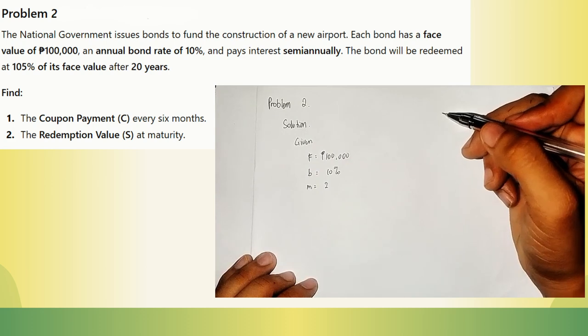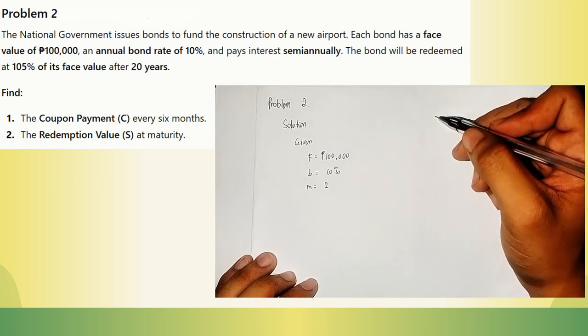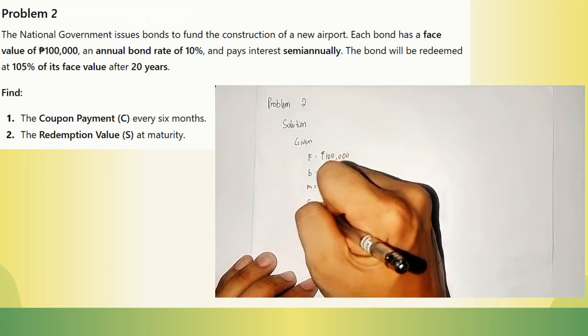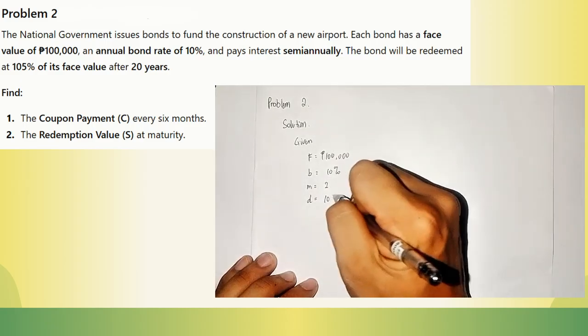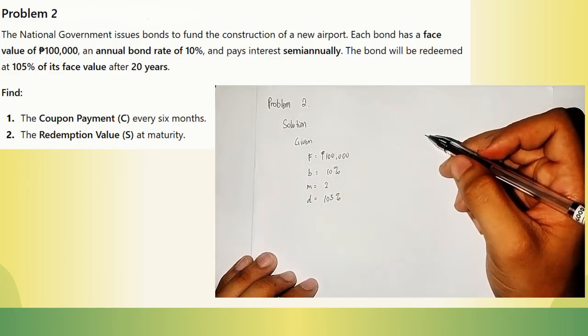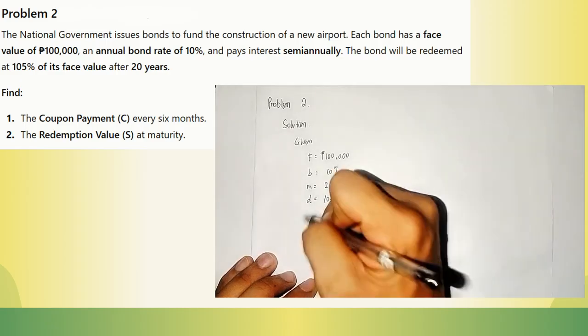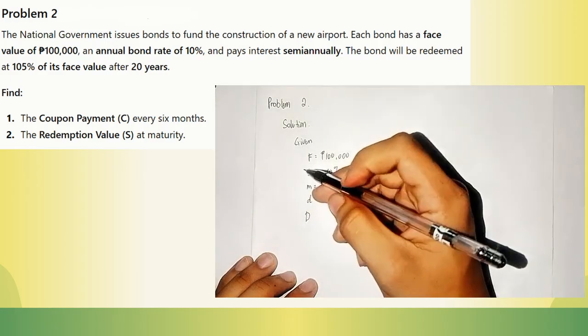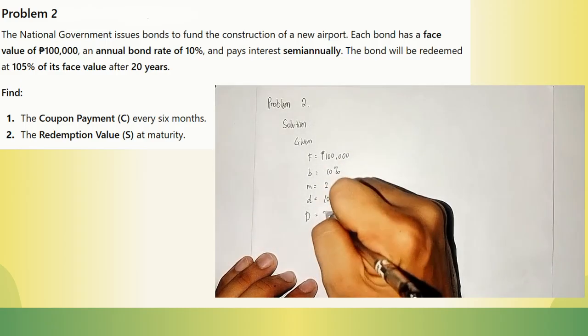The bond will be redeemed at 105%. So meaning D is 105% of its face value after 20 years. So the redeem date is 20 years.